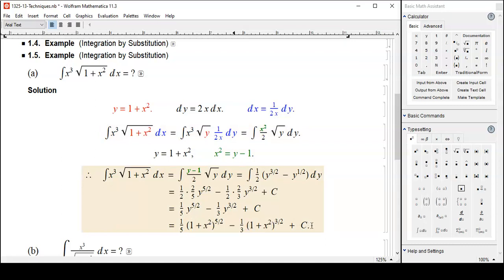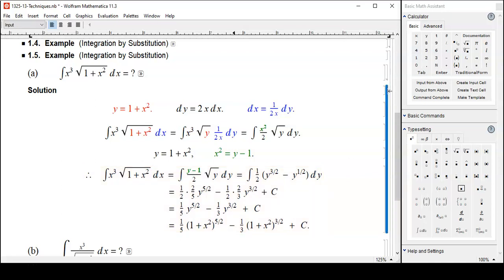But here, I need 4 substitutions. A set of 4 substitutions. I still have x squared flying around. So going back to the original, we get x squared is y minus 1. Put that in, and that'll create, oh boy, a little bit more complicated integral. Not just a power function, but we need some manipulation. And work those out, and then final substitution. So we have a set of 4 substitutions in there. Tricky.